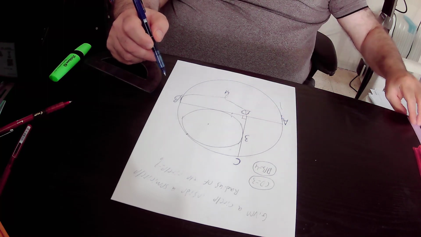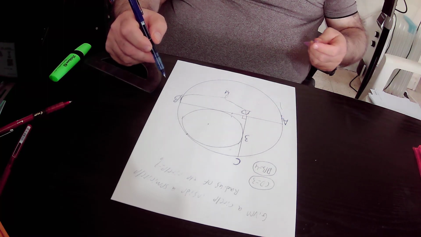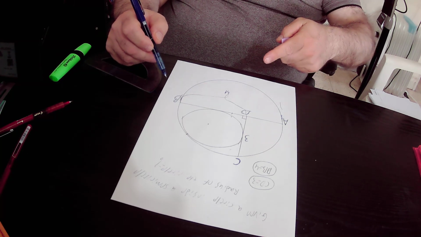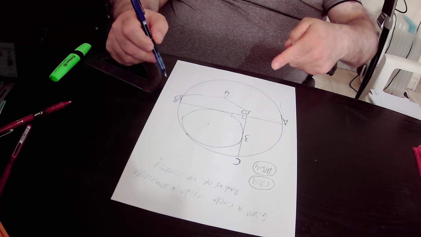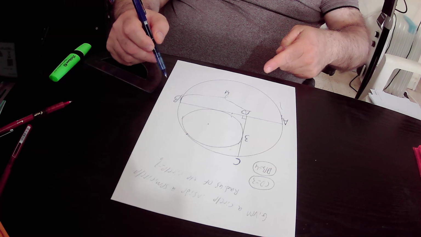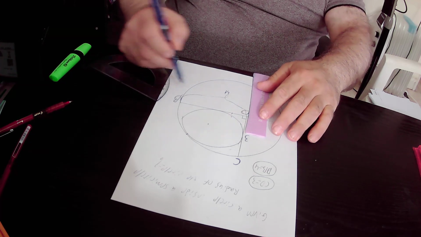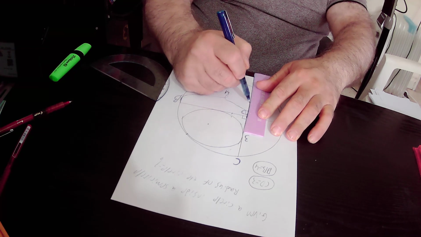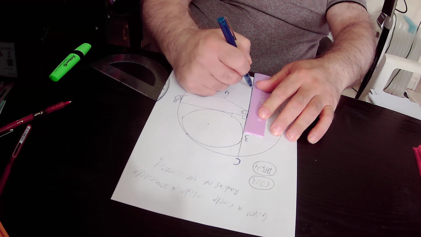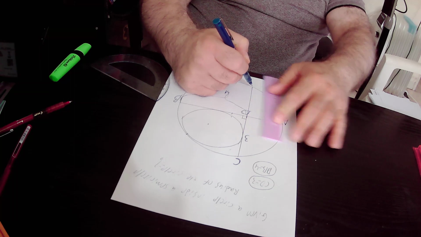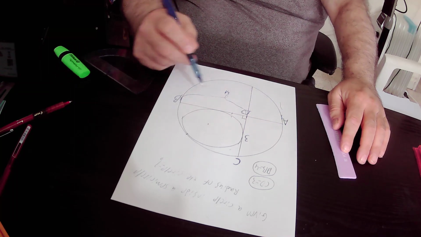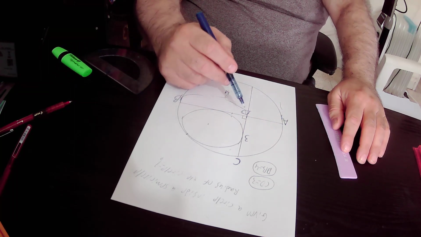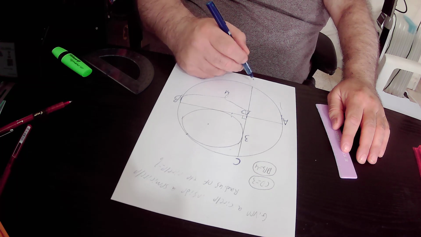In the next step we will extend line segment CD by a straight line until it touches the circle, and we will define the touching point of the extended line segment CD in this circle as point E.